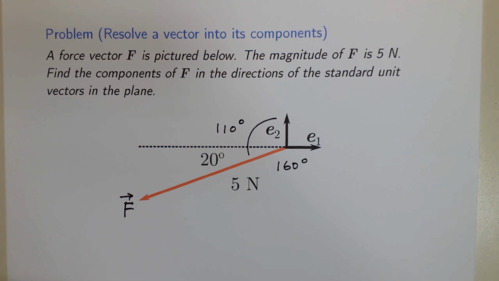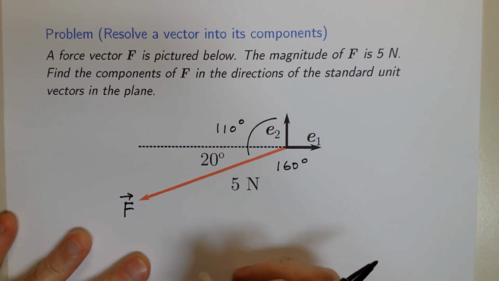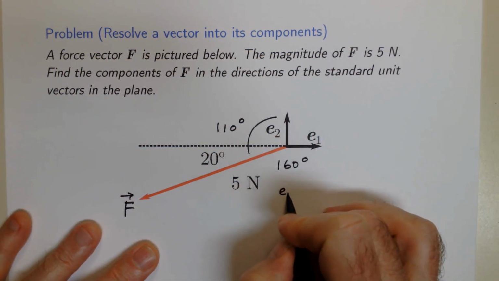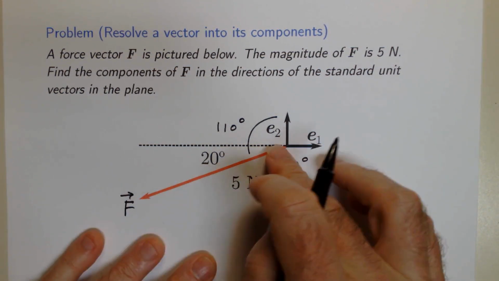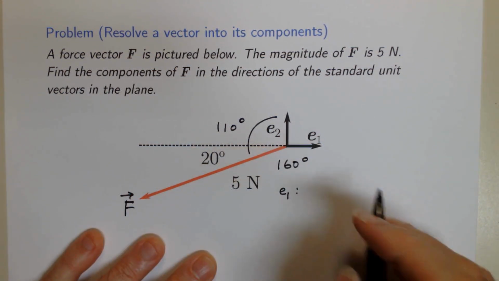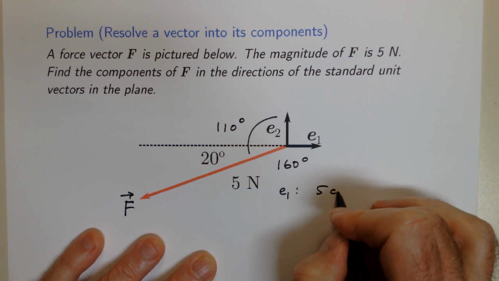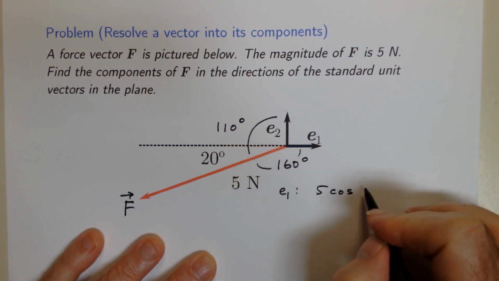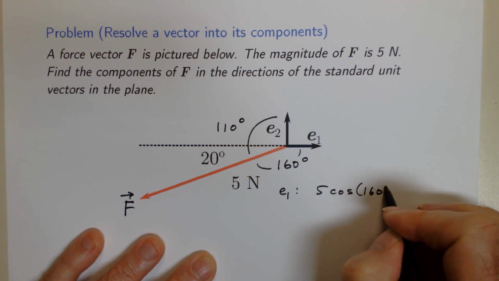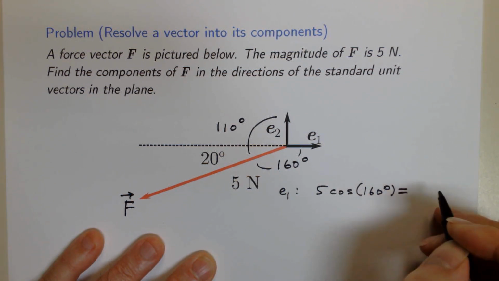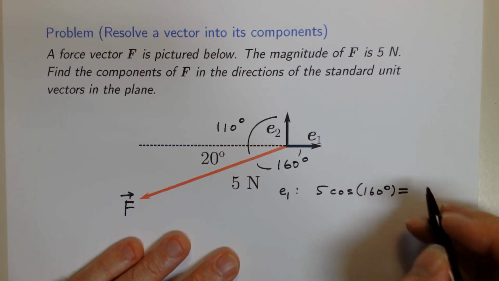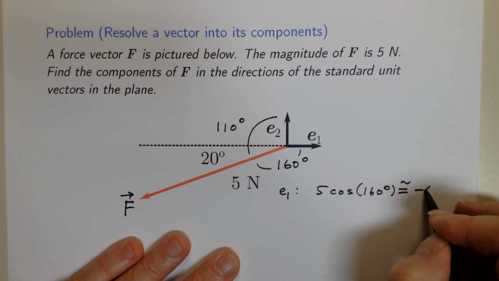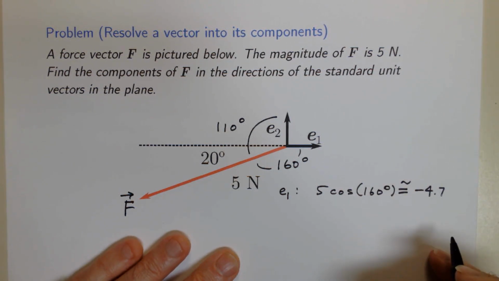And so we can simply write out the components as follows. In the E1 direction, we have to compute the length of this vector. We're told that this is 5 newtons, so 5 times the cosine of 160 degrees. When you carry out that calculation, you get approximately negative 4.7.